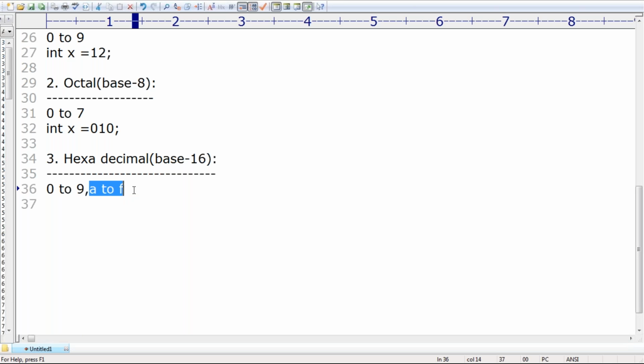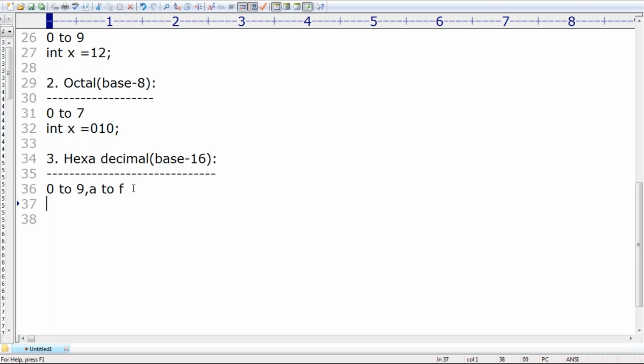But there are very few areas where Java is not case sensitive, and this is one of them. By default, Java is case sensitive.